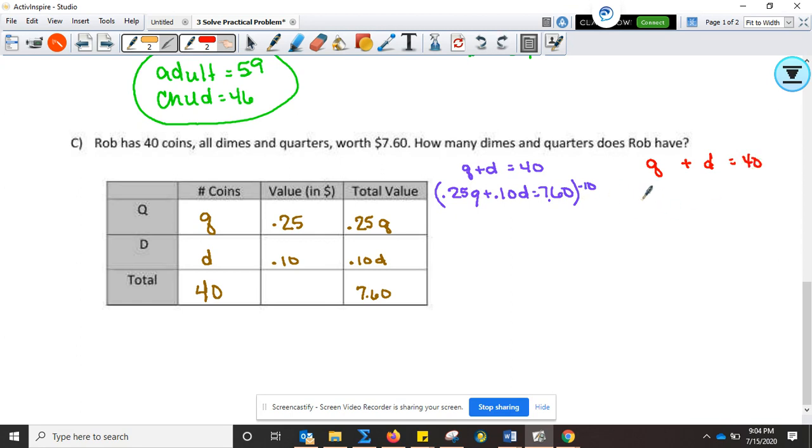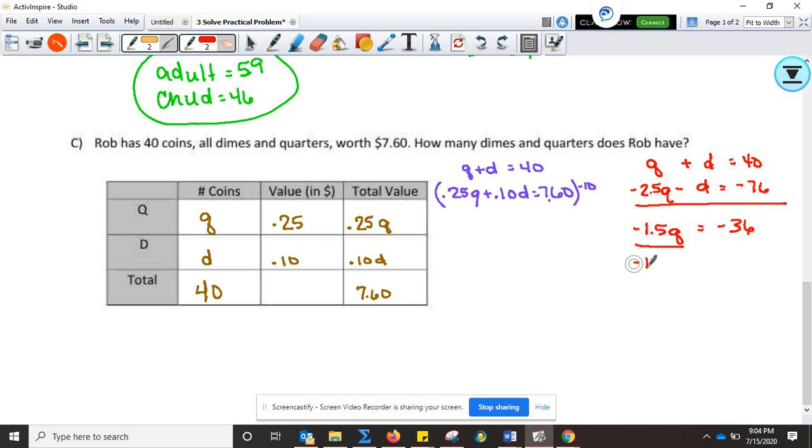The second one is going to be negative 2.5 Q minus D equals negative 76. And then add each column. Negative 1.5 Q, my D's cancel, equals negative 36.